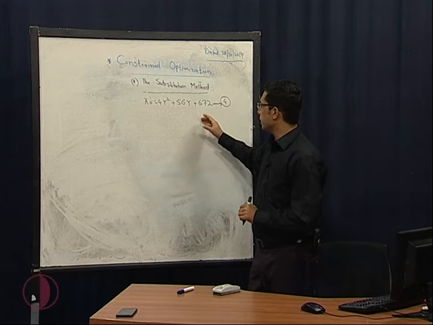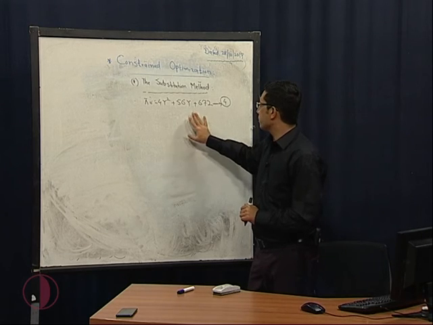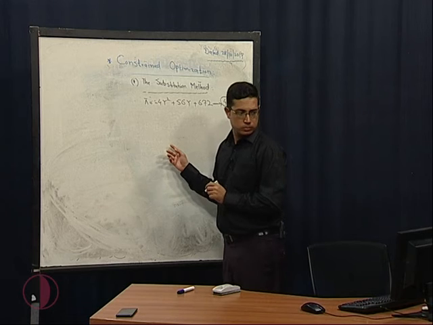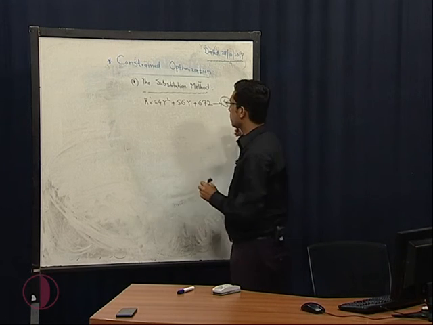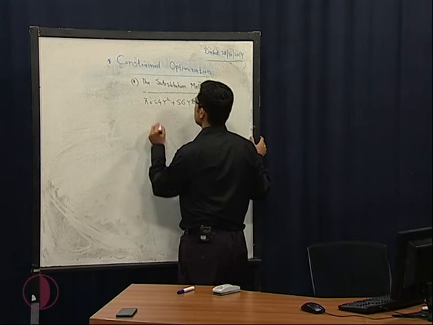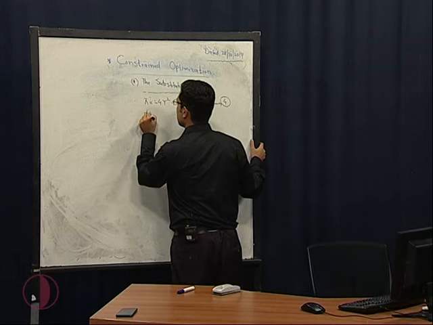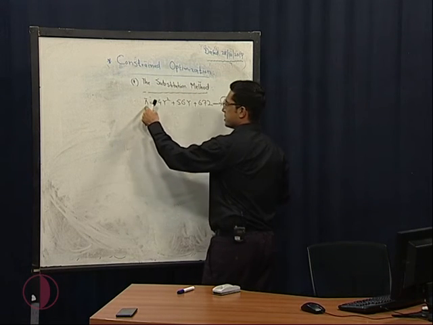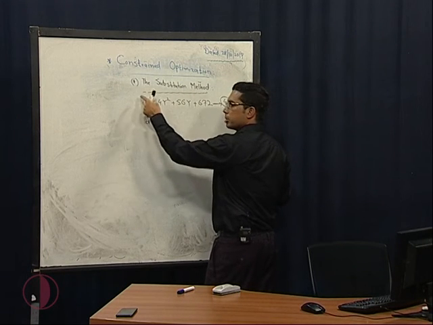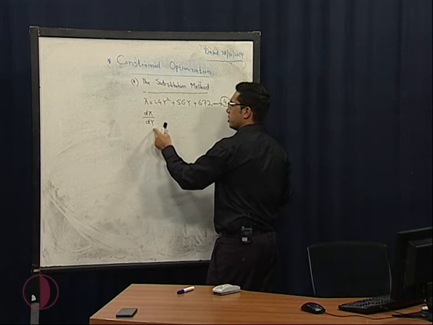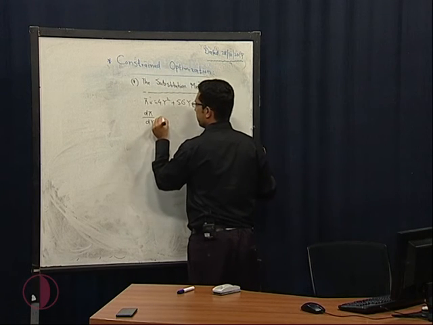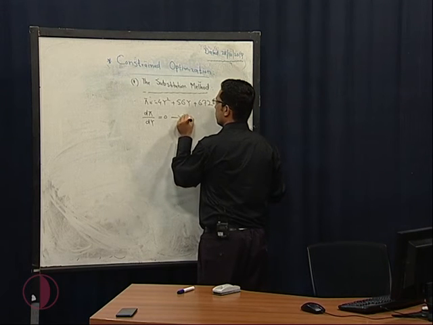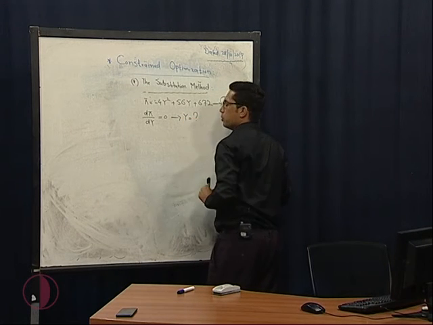To solve for y, we can get y from here. So taking the first derivative of this profit function with respect to y, we will set it equal to 0. From here we can find out the value of y.